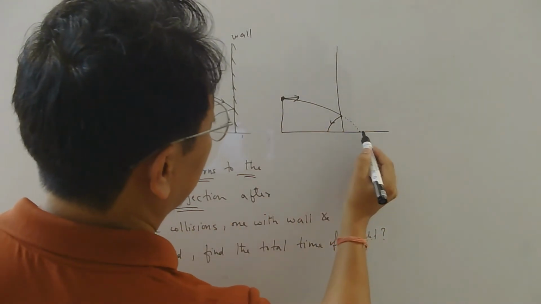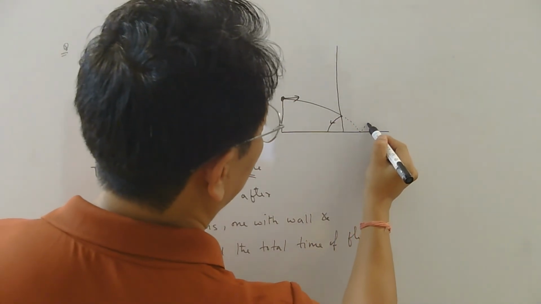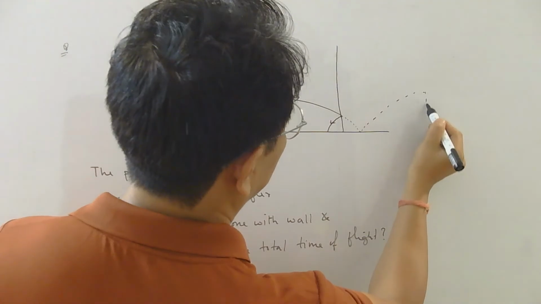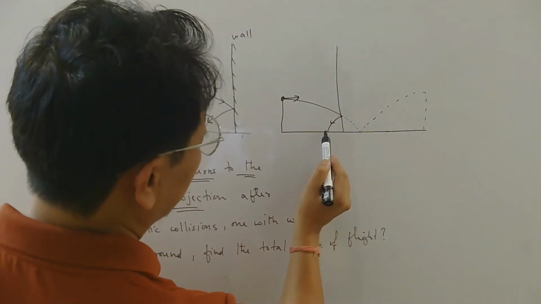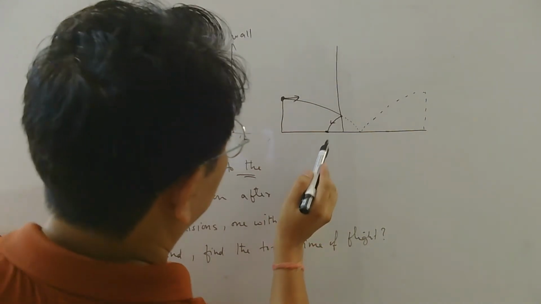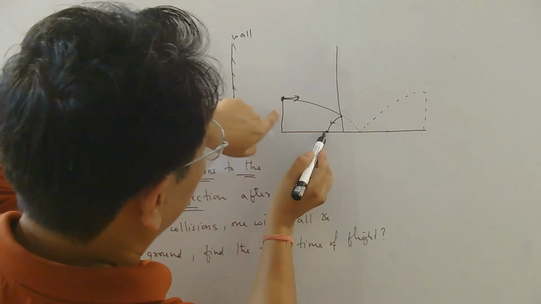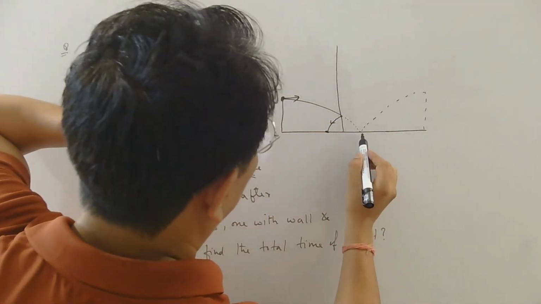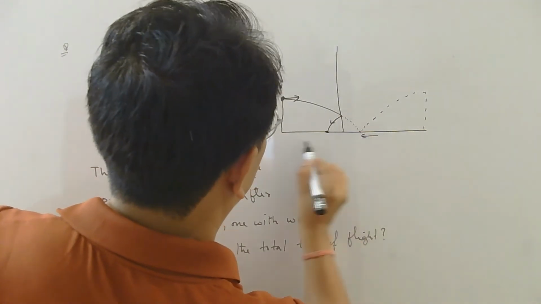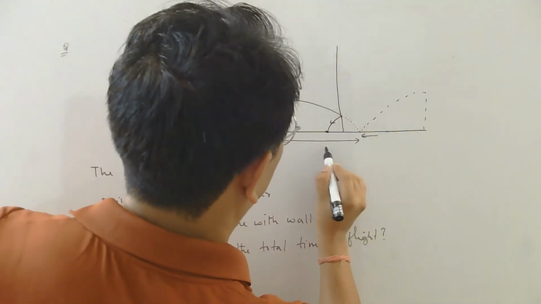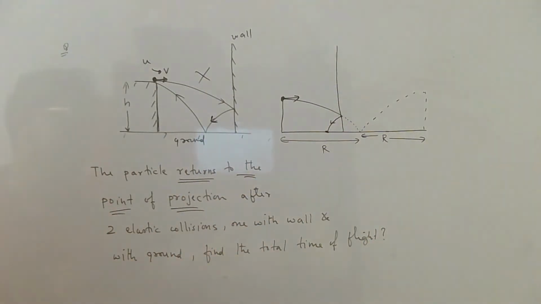Now if this wall was not there, it would have gone this way, reaching the same height, isn't it? Now from here, because it is not starting from here, because this wall was there, right? It will go the same height, but let's say this distance is r. Then this will also be r, I told, isn't it?